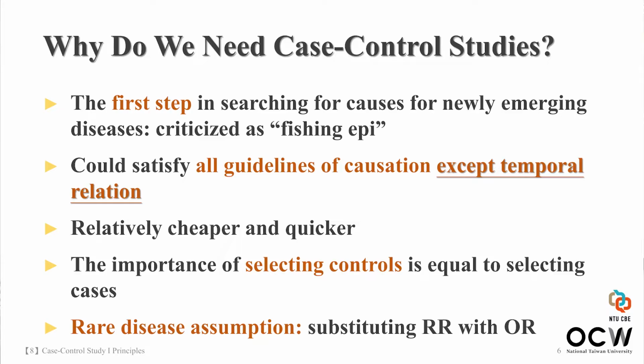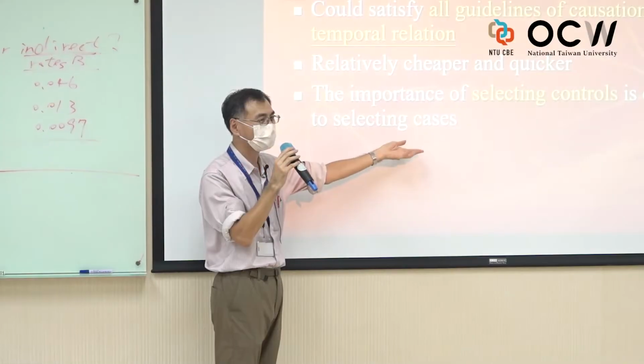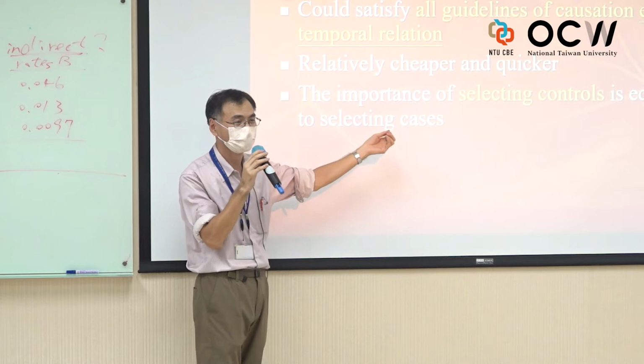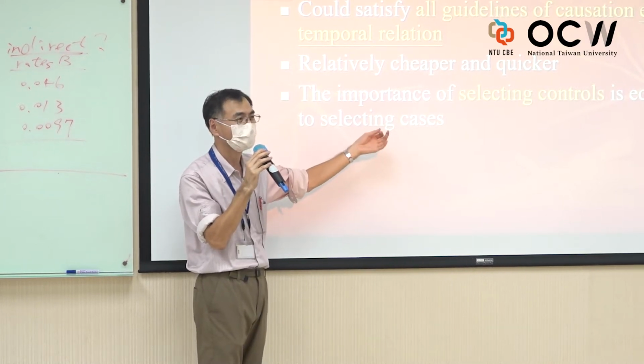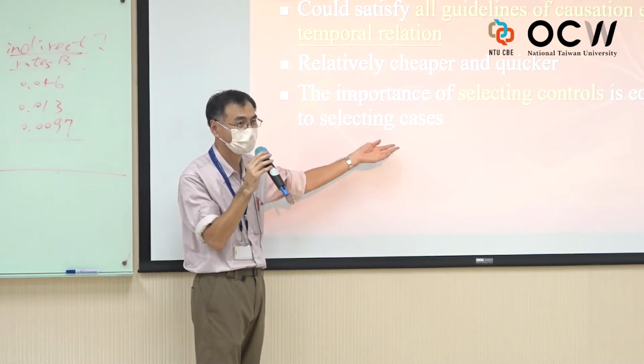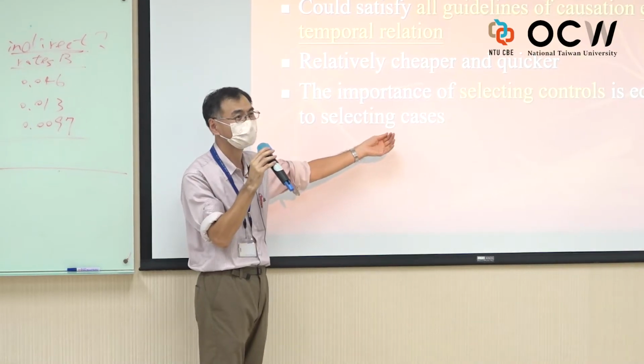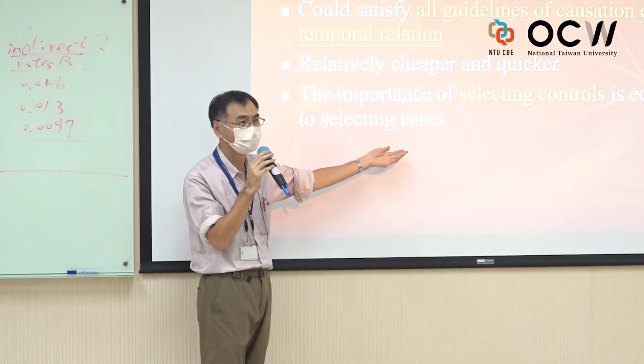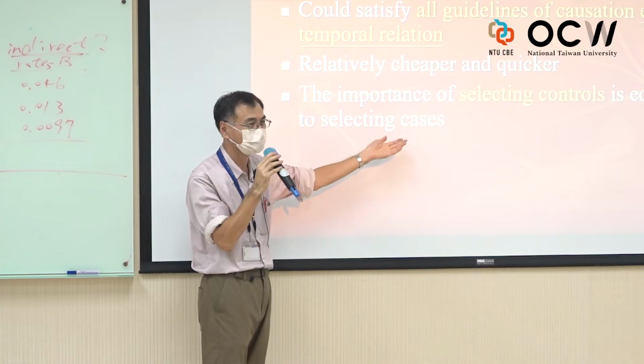But I have to emphasize that the importance of selecting controls is equal to selecting cases, or even more important. It's easy to define and identify the cases, because if you have a clear definition or diagnostic criteria, they will be easy, right? At least they have been diagnosed by physicians, so it's easy and pure.